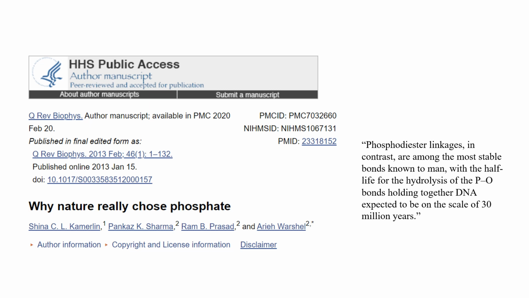So you can think of the negative charges on the phosphate anion as forming an electric shield around the DNA to protect it from water molecules coming in and breaking the bonds. And you see how incredibly stable the phosphodiester linkages are.